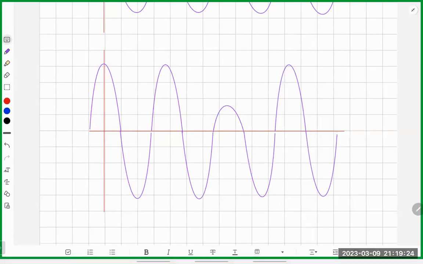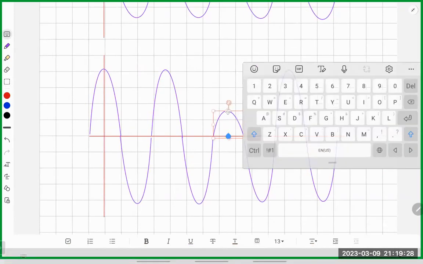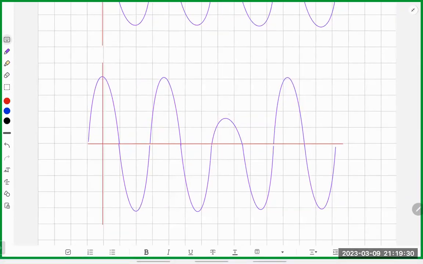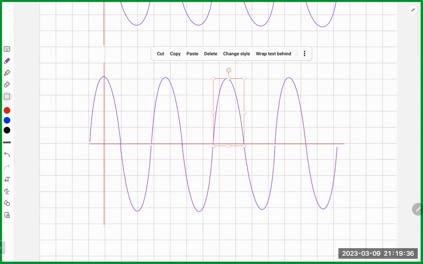Number one, you have to be careful in these kind of graphs that it does not depend on how high or low the voltage is or how strong or weak the magnetic field is. It depends on how much change of magnetic field is happening in a certain amount of time.